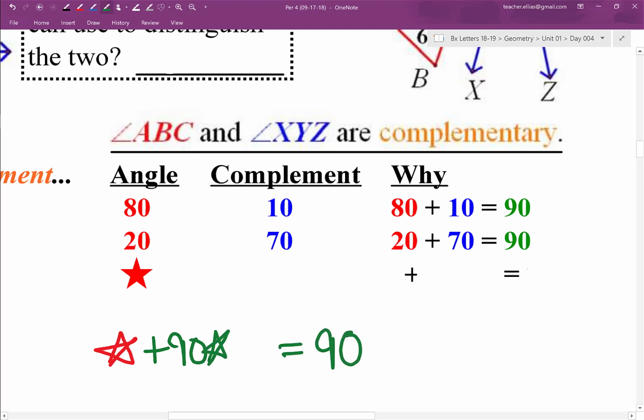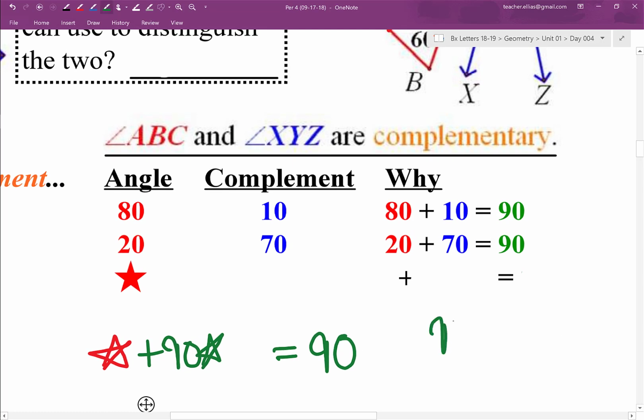If you add 90 star plus 90 star, that is 91 star. So that doesn't work. What about 89 stars? Don't you add 89? You put in 1 for the star. Isn't it 2 stars equal 1?